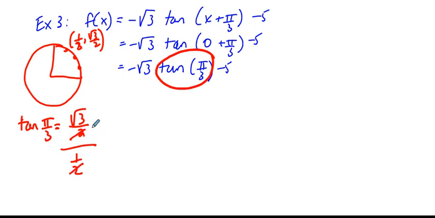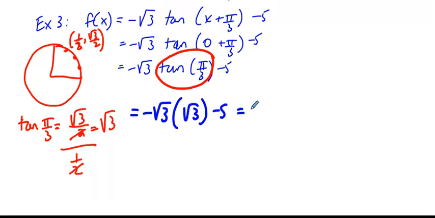So this actually cancels and it's equal to root 3. Which probably explains why there's a root 3 as a coefficient there. So it'll simplify. This becomes negative square root of 3 times square root of 3 minus 5. The square root of 3 times the square root of 3 is 3, but negative. So the initial value is -8.